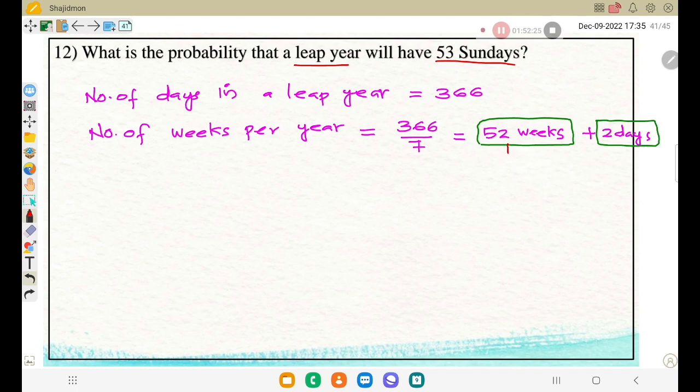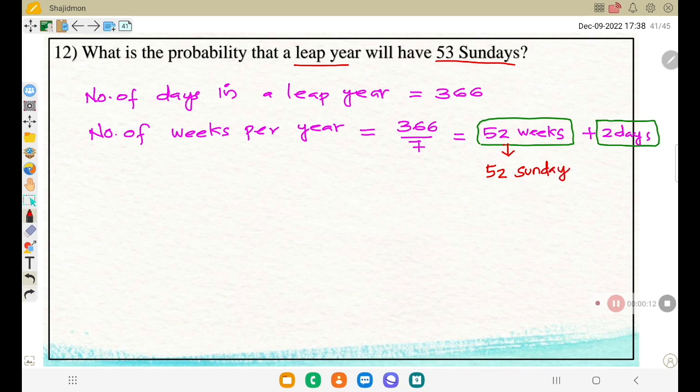Now 52 weeks means how many Sundays, how many Mondays, and so on? Each week has one Sunday, one Monday, one Tuesday, Wednesday, Thursday, Friday, Saturday, all 7 days. So 52 weeks means 52 Sundays, 52 Mondays, 52 Tuesdays, like that.